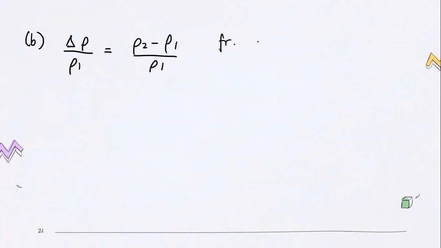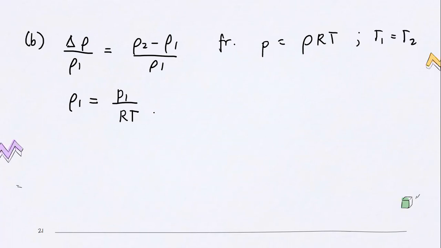Okay, from the formula P is equal to rho RT, we have rho 1 is equal to P1 over RT. Since temperature is constant, your T1 is the same as T2. Okay, therefore, for constant R and T, we can say that rho 2 minus rho 1 is equal to 1 over RT times P2 minus P1.